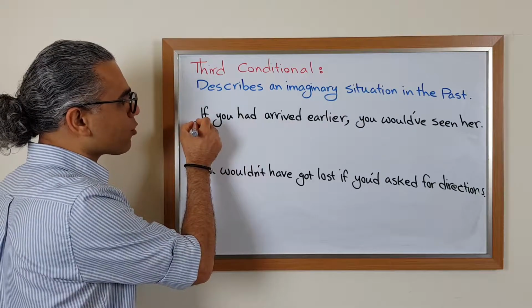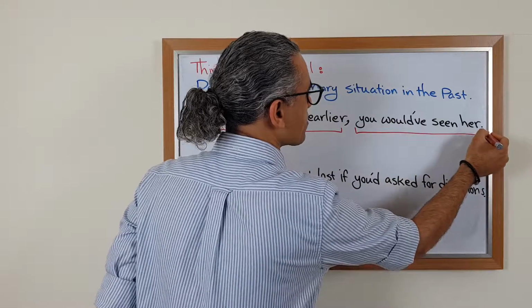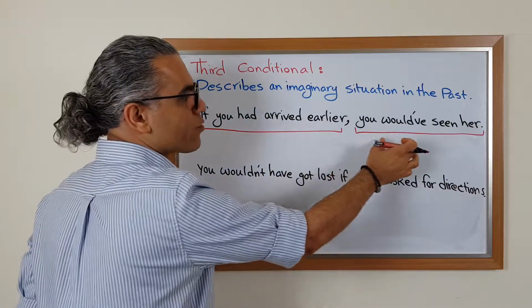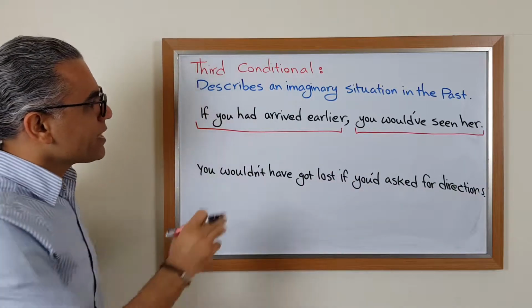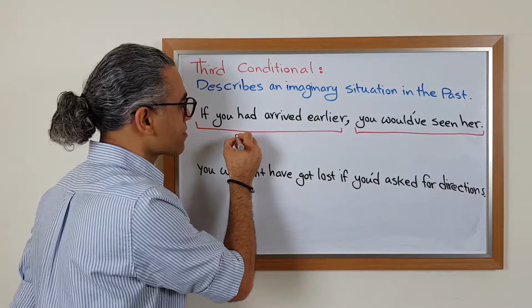This is the if clause, and this is the consequence. We call it condition or if clause, and this one the consequence. The tense of the if clause in a third conditional is past perfect.